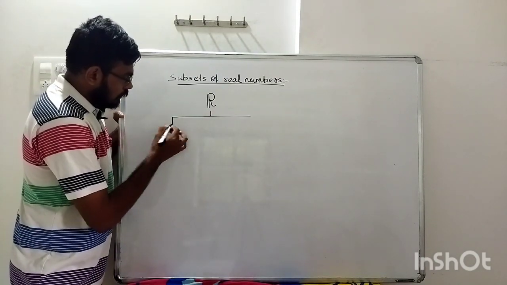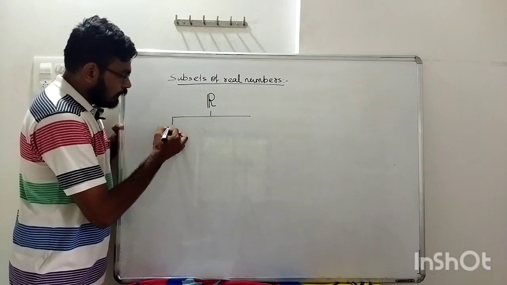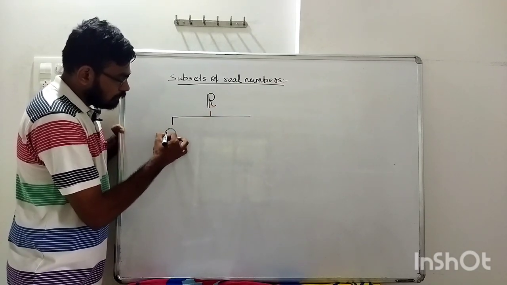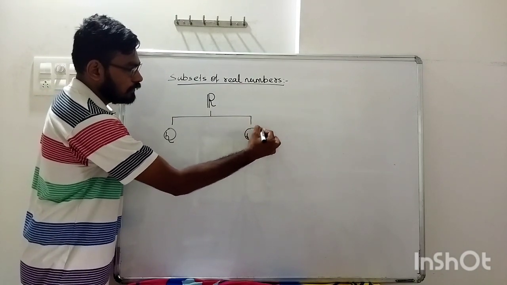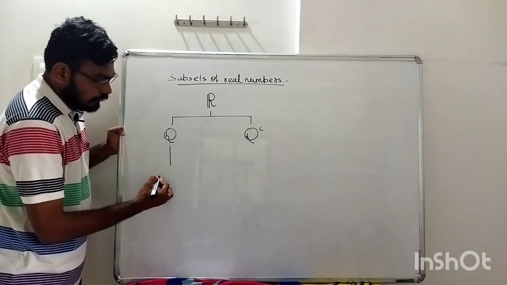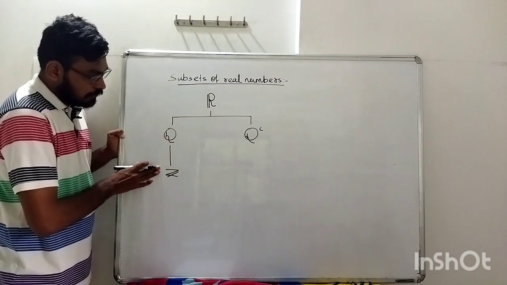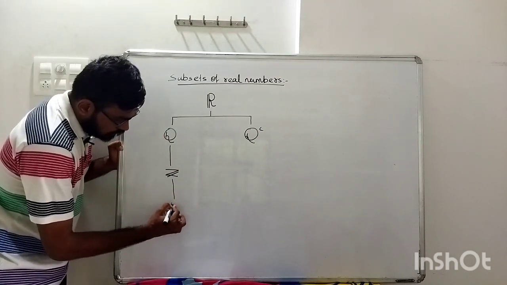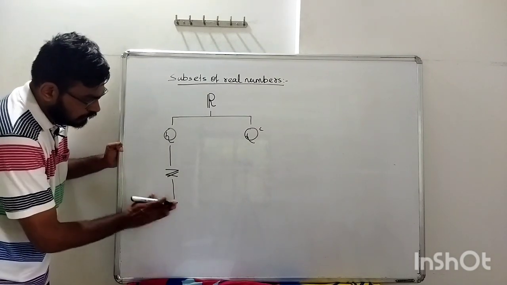If we try to draw a tree like this, then what do we get here? Real numbers, then here we get rational numbers, we put symbol Q, and here we get irrational numbers, put symbol Q complement. Then below rational numbers we get integers, after that we get natural numbers. Understood?